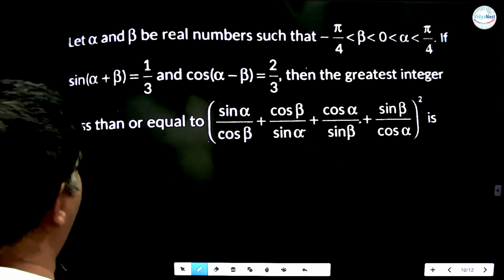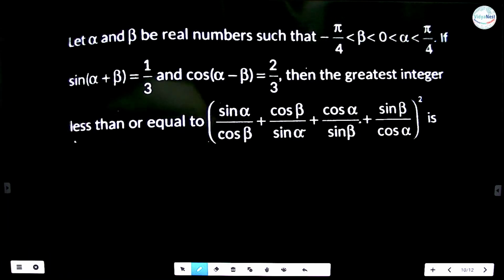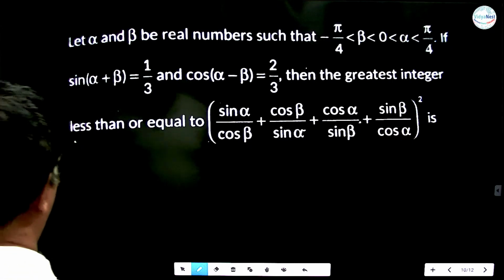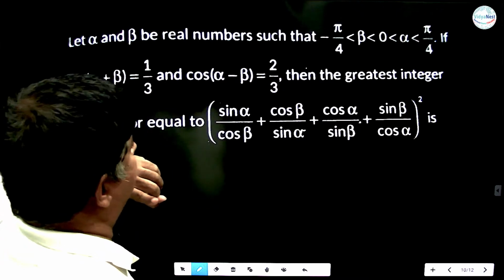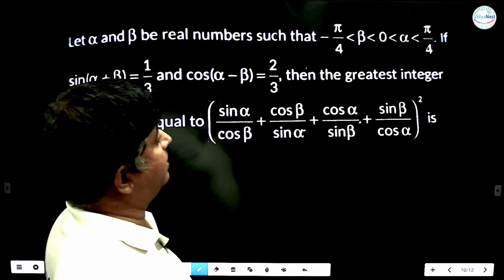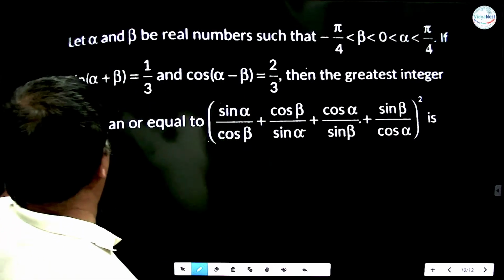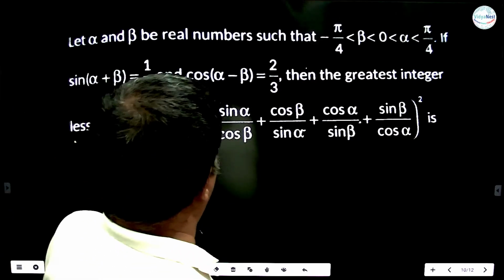Just go through this trigonometry. Looked very big, very complex, but simplicity hides behind the screen. See, what is given? Alpha, beta real numbers, where beta lies between minus pi by 4 and 0, 0 less than alpha less than pi by 4, sin alpha plus beta is 1/3, cos alpha minus beta 2/3.